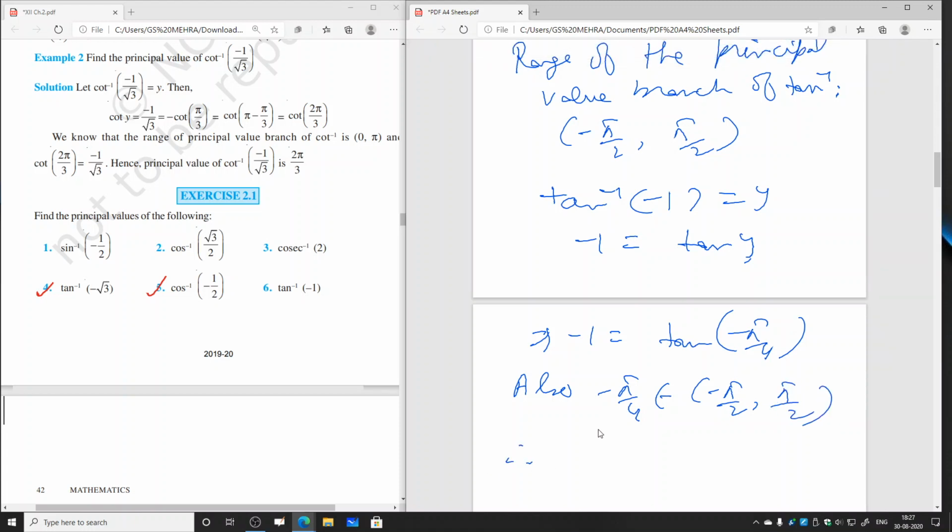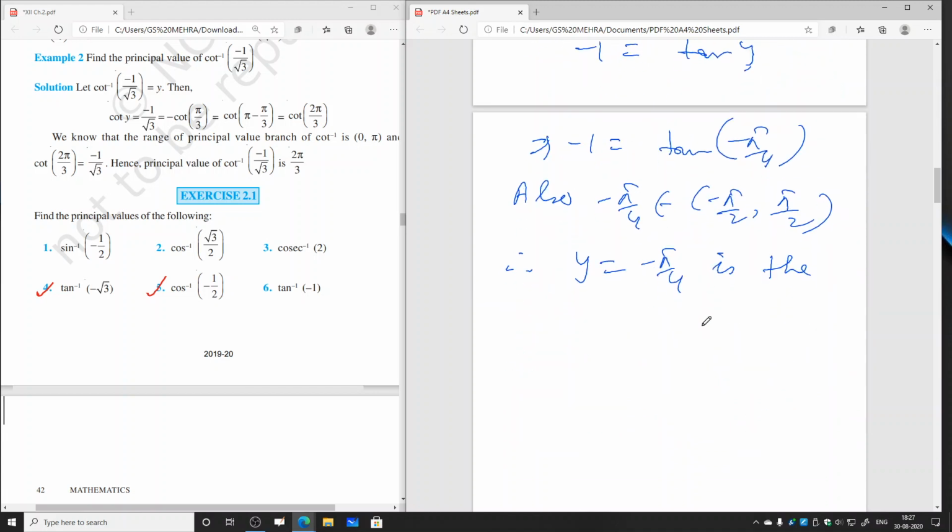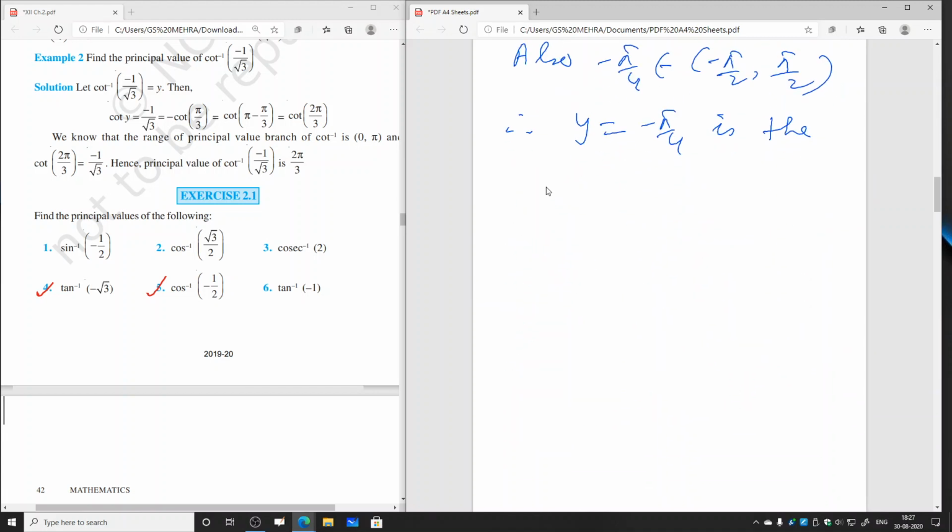Therefore, y equal to minus pi by 4 is the required principal value.